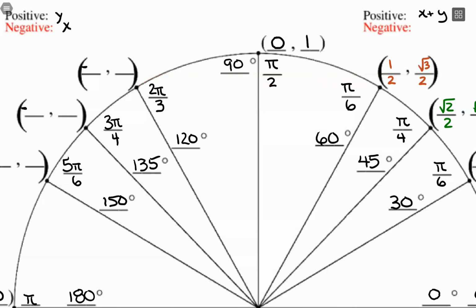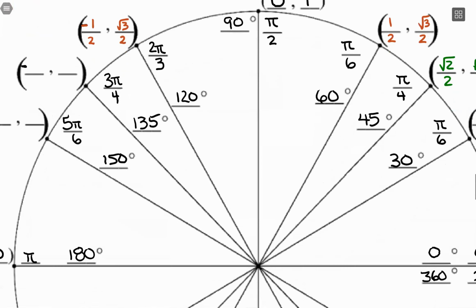So the numbers stay the same though. This is 1/2, this is √3/2, it's just x is negative now. How you can also see this is again by just drawing the triangle, and you can see, okay, x is short, but it's also negative since it's going to the left, and y is long.